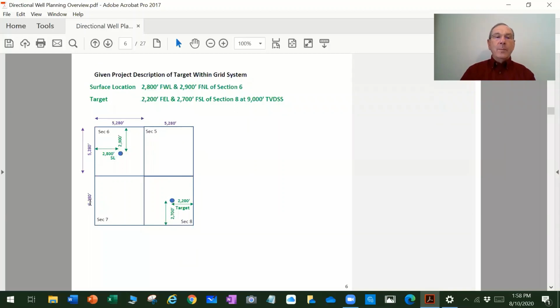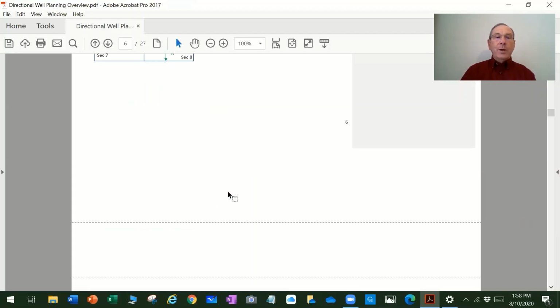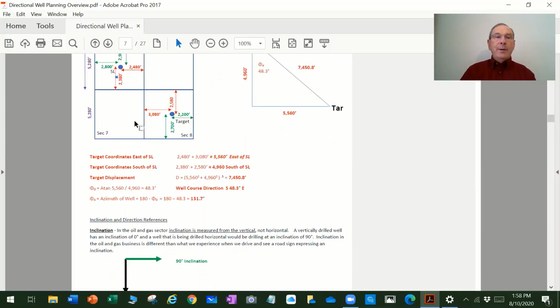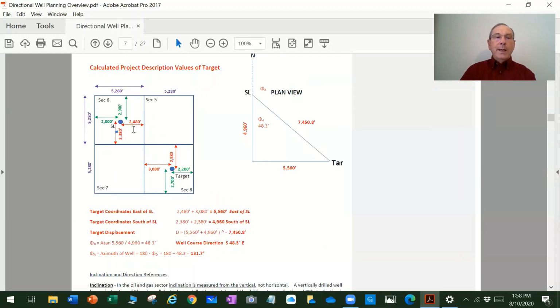Since we have all the information we need on this drawing, we can take 5,280 minus these distances, and we'll get our corresponding distances on our chart.